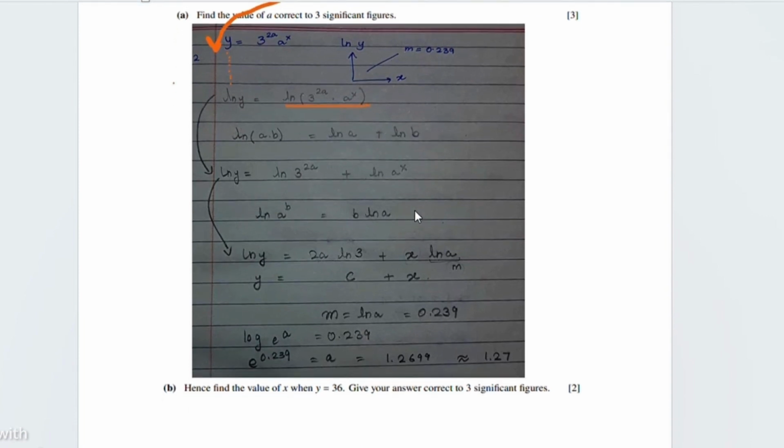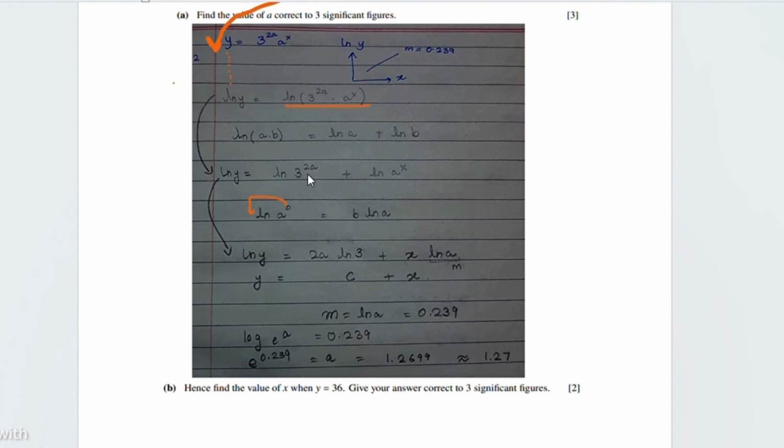Now I'll apply one more rule. If you have the ln or log of a number a with a power b, that becomes b ln a. This is another log rule. I'll use these two log rules to modify my expression.